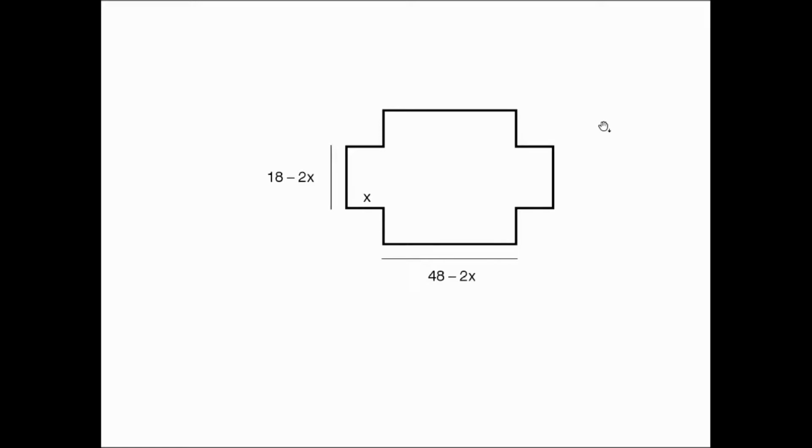The length of this side is x. The length of this portion is 18 minus 2x, since the length of this and this is x. The length of this portion is 48 minus 2x, since the length of this and this is equal to x.